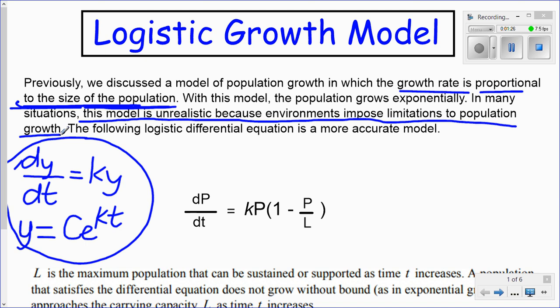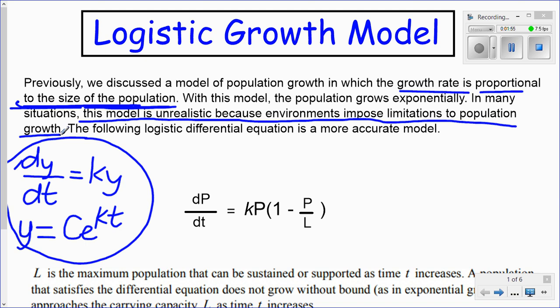For instance, if it's, let's just say, a population of rabbits, eventually the rabbit population is going to get so big that they're going to start running out of food, water. They might have disease start spreading throughout the population. So the environment can only sustain the population so long.